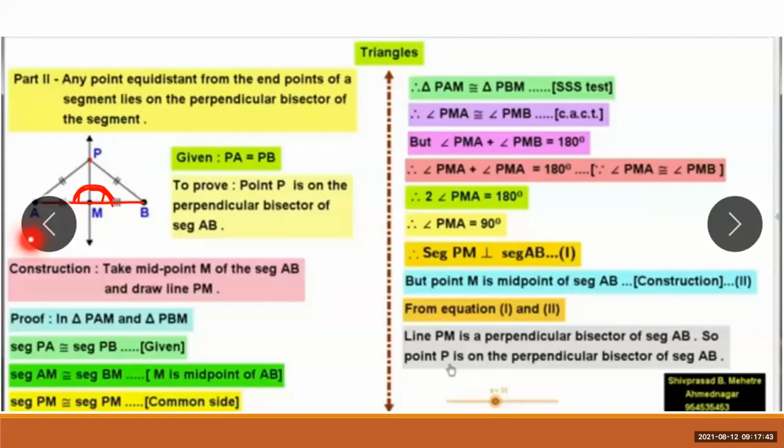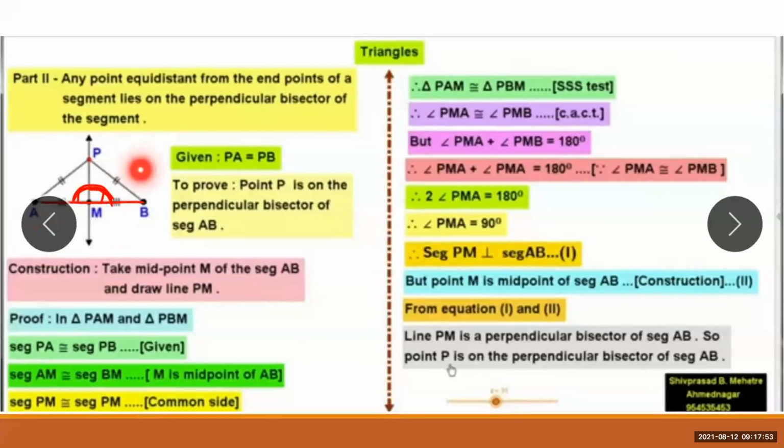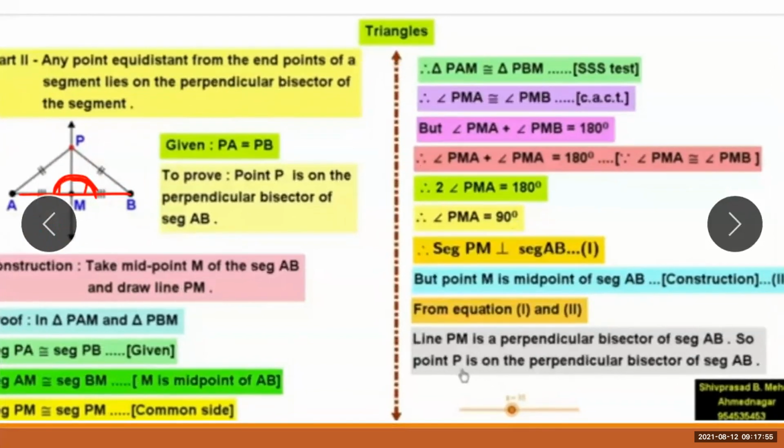As it is equidistant, the congruency symbols are already shown in the diagram.